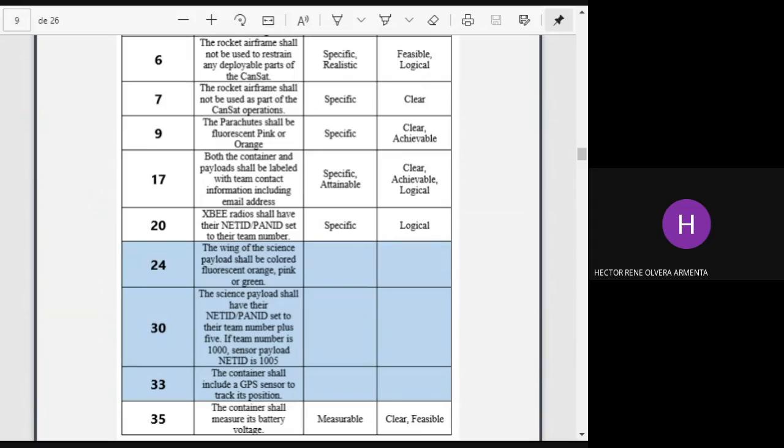If our team is number 15, the radio's net ID should be 15, so we can distinguish it from the other teams.